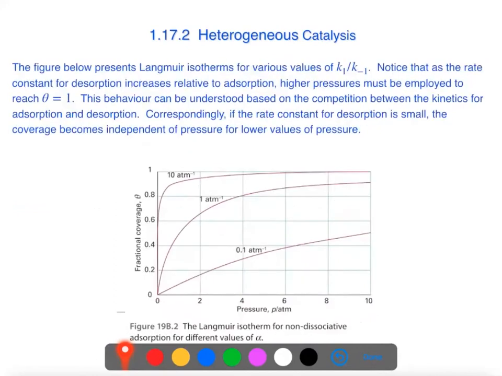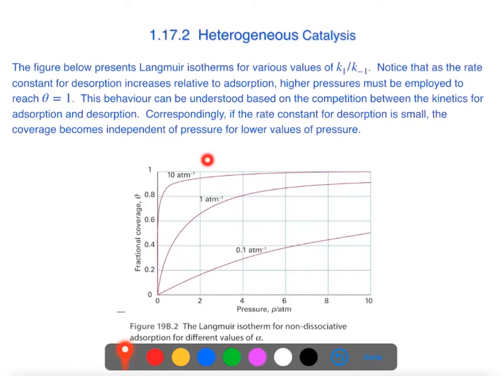As shown previously, this figure presents Langmuir isotherms for various values of the equilibrium constant. And notice that as the rate constant for desorption increases relative to adsorption, higher pressures must be employed to reach a theta equal to 1.